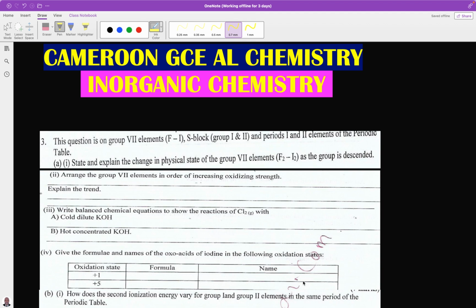Section 1 is physical chemistry, section 2 is inorganic, and section 3 is organic. So now we are going to cover the B section, which has to do with inorganic chemistry.